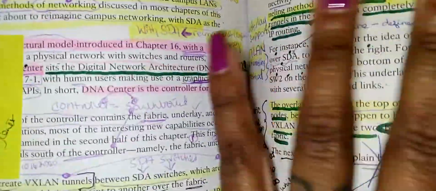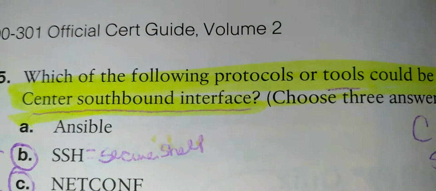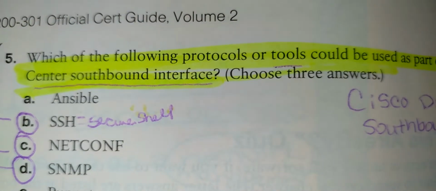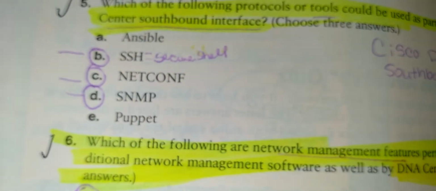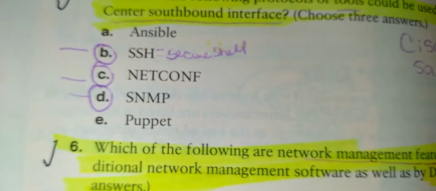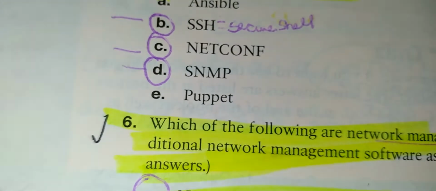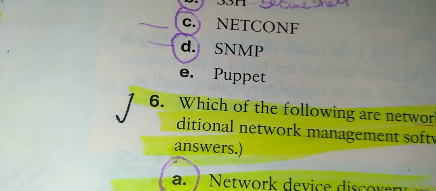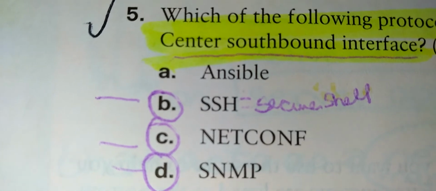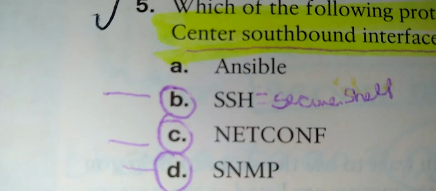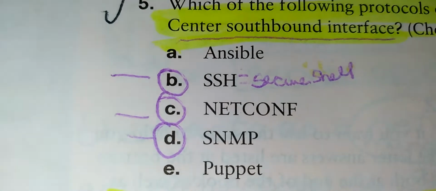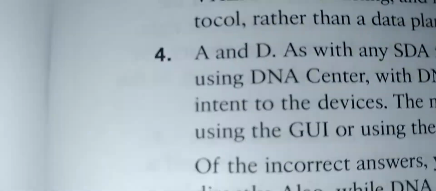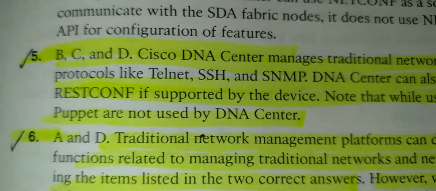Okay, so what we're going to start with is, which of the following protocols or tools could be used as part of the Cisco DNA Center southbound interface? Choose 3 answers. Answer is SSH, NETCONF, SNMP.